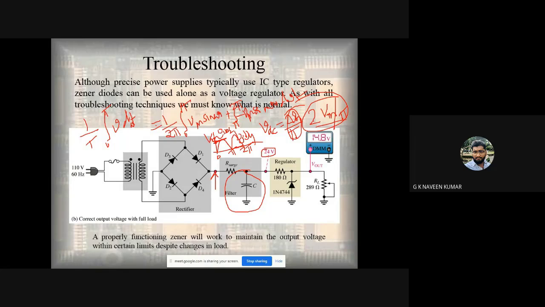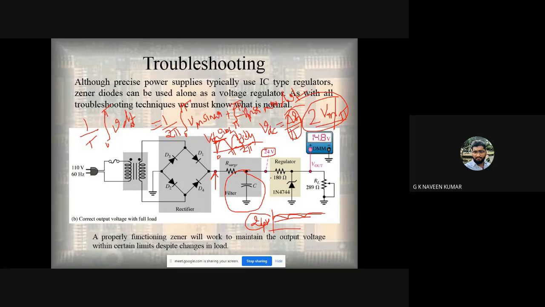This 2 Vm by pi has a combination of AC as well as DC, which means there will be some ripple. By using a capacitor filter we reduce that ripple and bring the voltage waveform to something like this, which we have already studied. This is an approximately constant voltage with a small amount of ripple, and after this filter we obtain a constant voltage of around 24 volts.